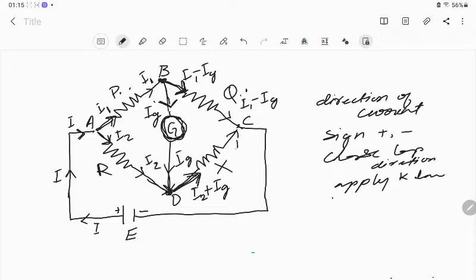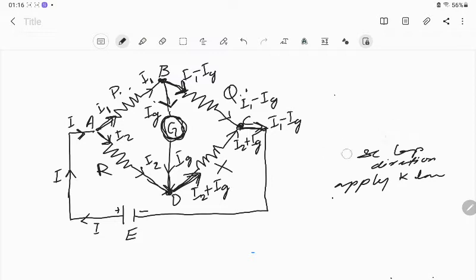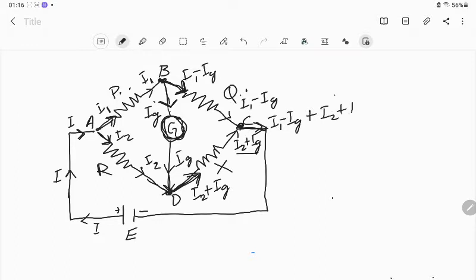So here also I2 plus Ig. Now at point C, this I1 minus Ig and I2 plus Ig are meeting. So the sum of these currents will flow in this side. So that is I1 minus Ig plus I2 plus Ig.